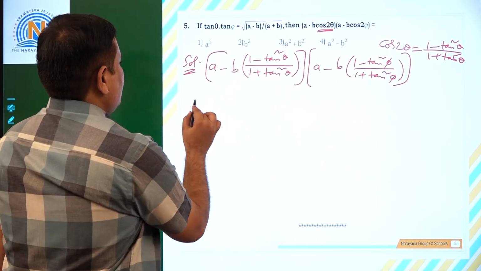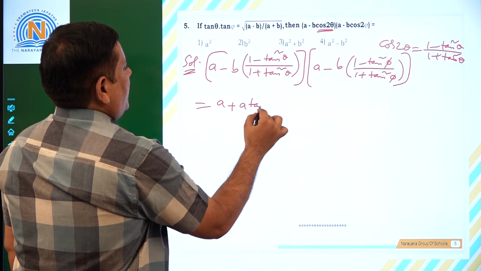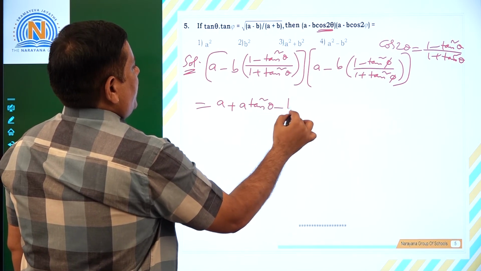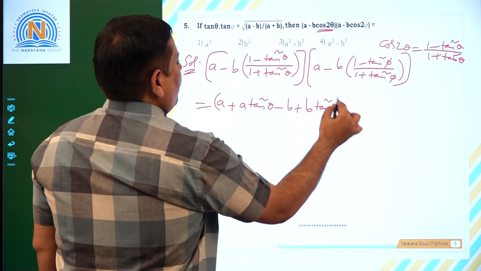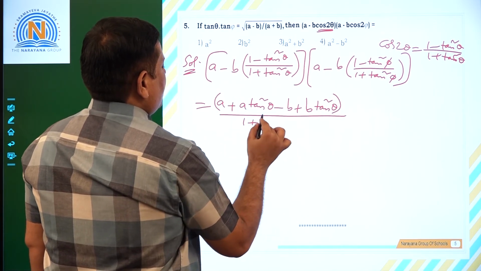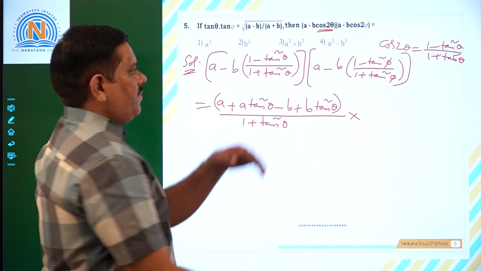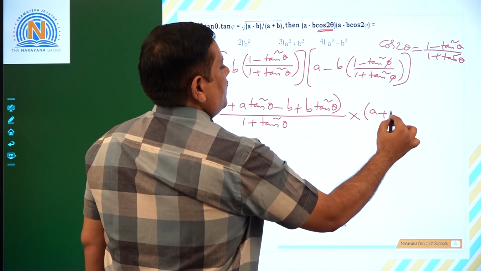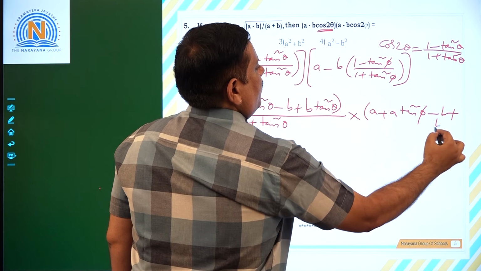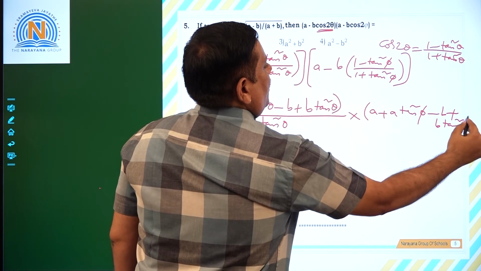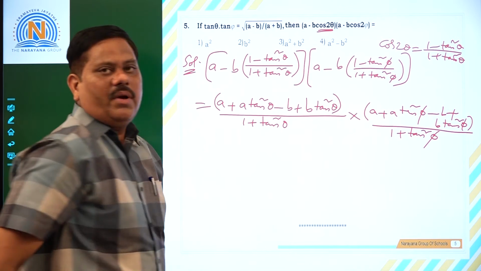Otherwise, it is going to be (a plus a tan square theta minus b plus b tan square theta), the numerator part, by 1 plus tan square theta, the denominator part, into (a plus a tan square phi minus b plus b tan square phi) upon 1 plus tan square phi. This is the denominator part, right?